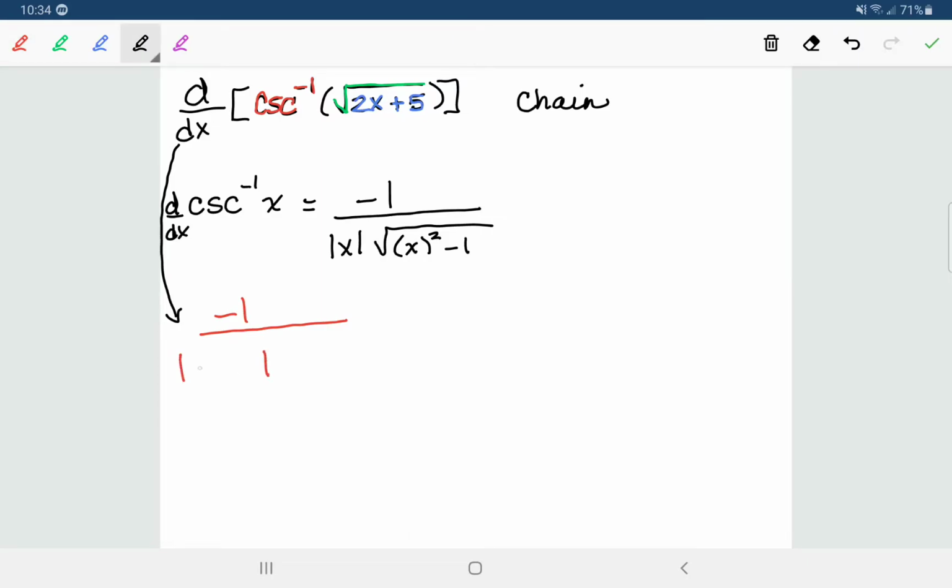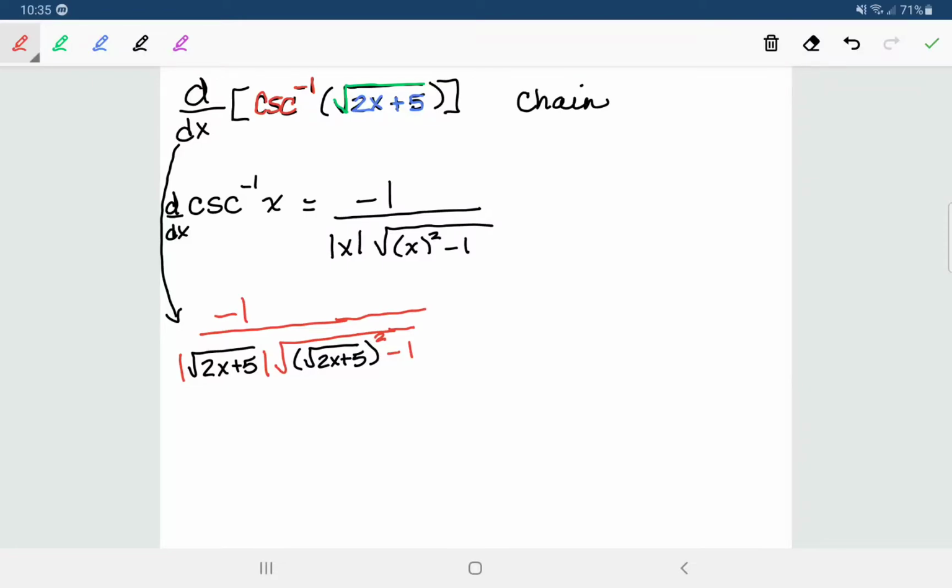Our argument is the square root of 2x plus 5. Then we multiply that by the square root of x, but in our case, x is the square root of 2x plus 5. Then that quantity gets squared from the rule, and we subtract off 1.